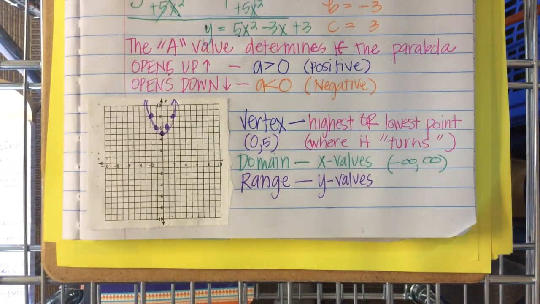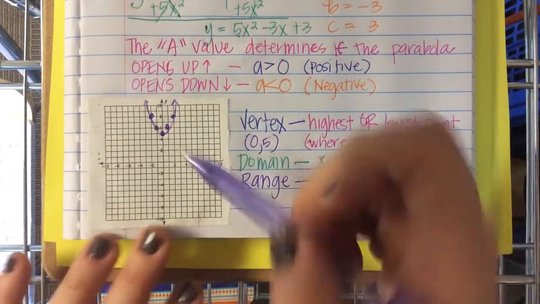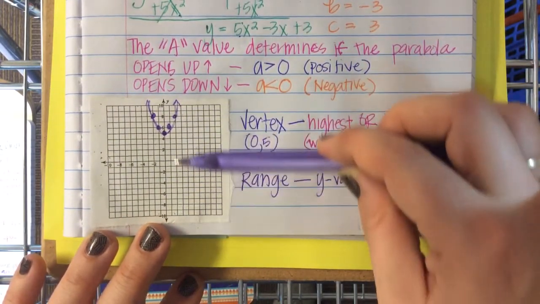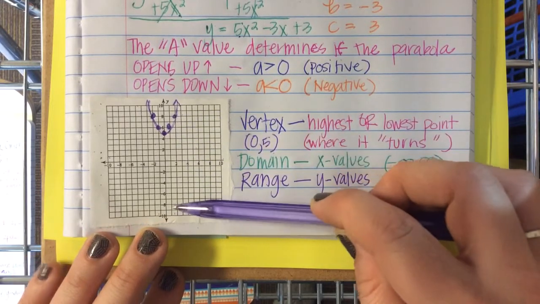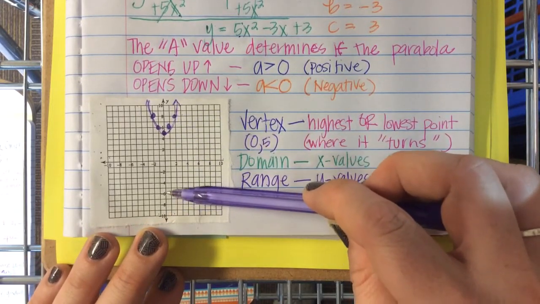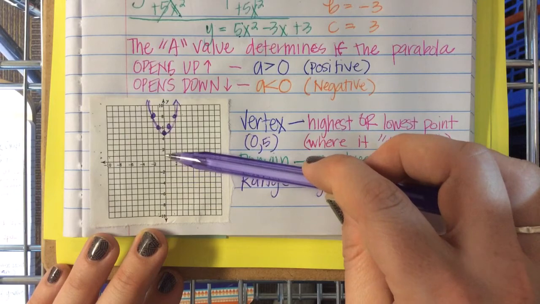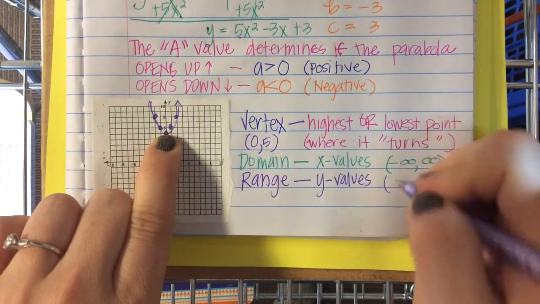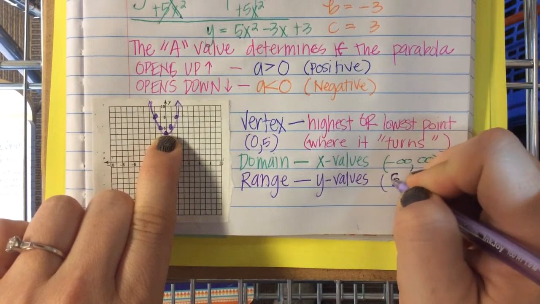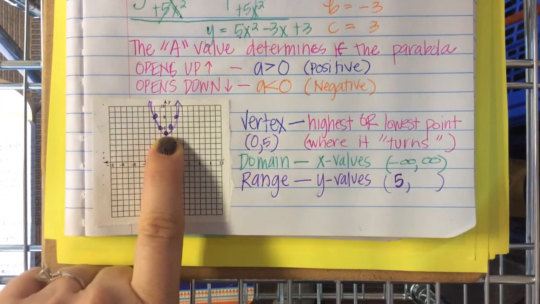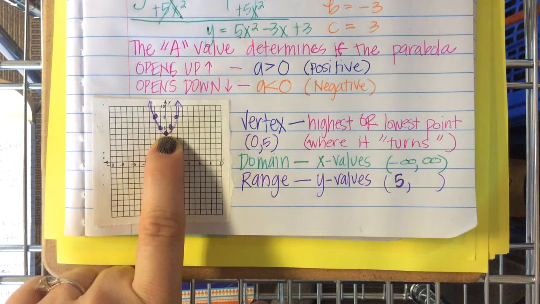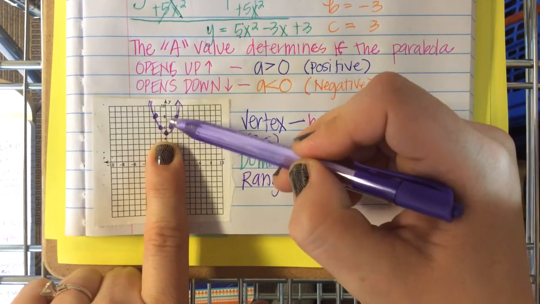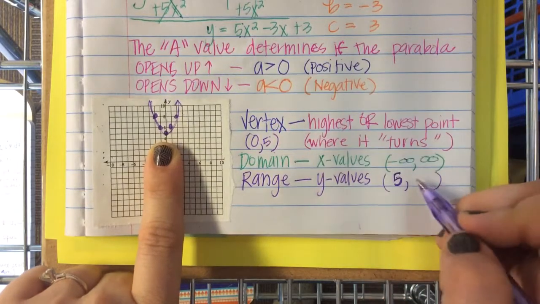At this parabola, what's the smallest y number we could ever use? Are there any numbers down here? No. Any numbers here? What's the smallest y number? 5. 5 is the smallest number. What's the biggest number? Infinity.